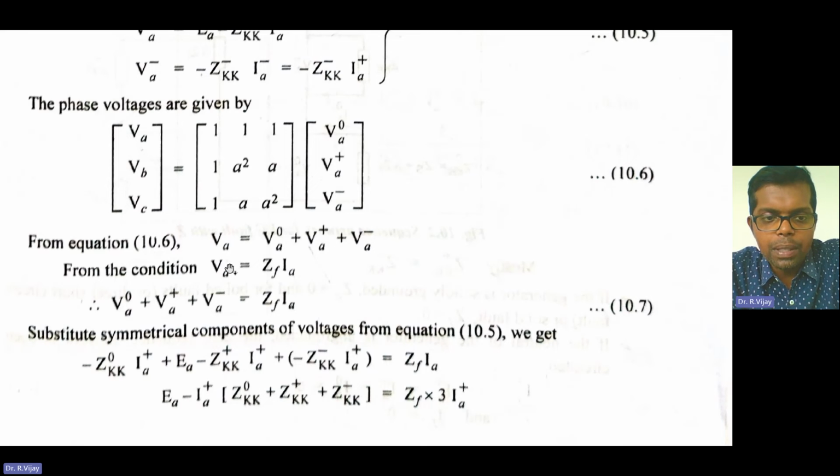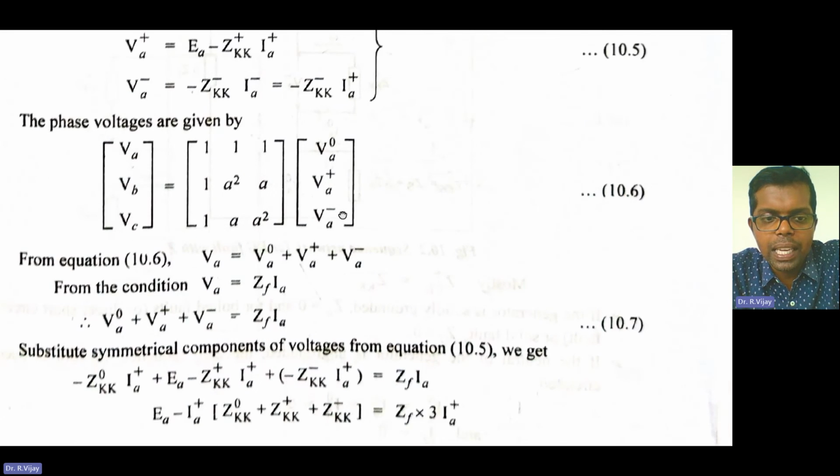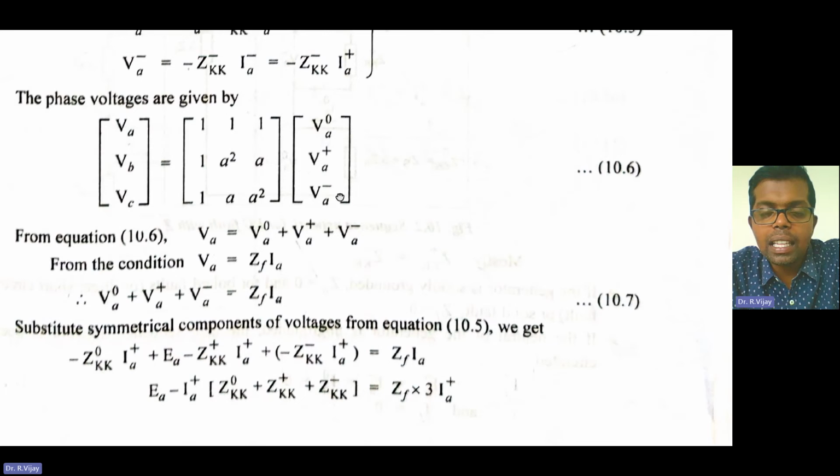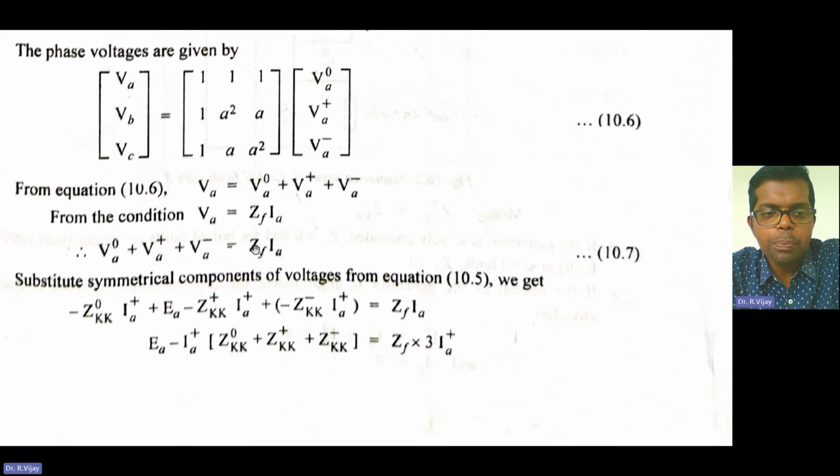From the previous formulation, VA is equal to ZF into IA, because the fault is happening only on phase A and touching the ground, so it has the fault impedance ZF. So VA0 plus VA positive plus VA negative is equal to ZF into IA, because VA is nothing but VA0 plus VA positive plus VA negative. We are just substituting here. Next step, substitute the symmetrical components of the voltage.